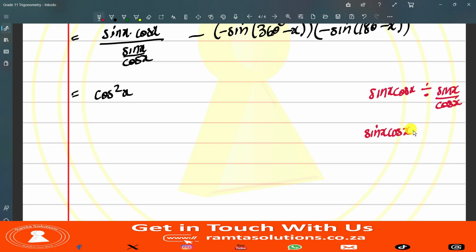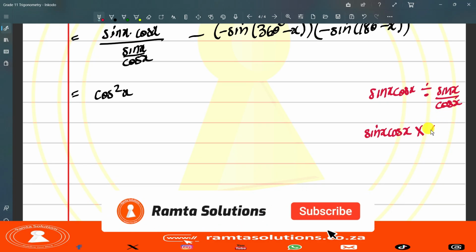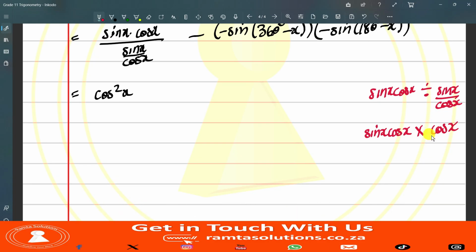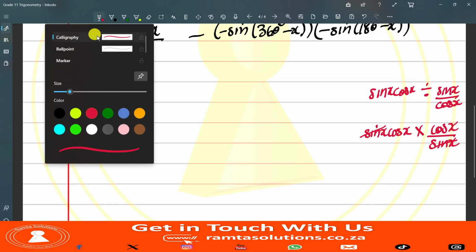So you will say sine x cos x multiplied by, then you invert, so the numerator becomes the denominator and the denominator becomes the numerator. As you can see, the sine will cancel with the sine, hence you are left with cos x times cos x. Hence, our answer was cos square x. Okay, perfect. Now let's proceed.